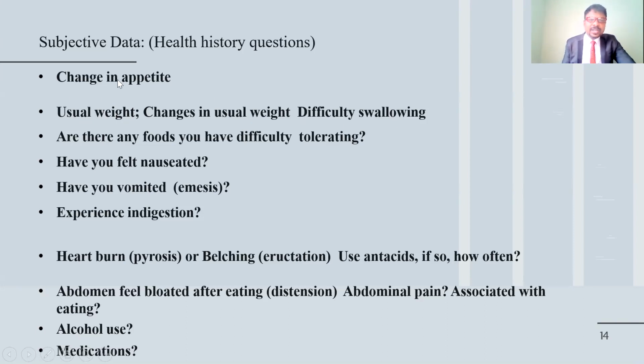We also have to check whether the patient has any difficulty swallowing. How is the weight, and are there any changes? Are there any foods that you have difficulty tolerating? Any foods giving discomfort? Sometimes if they eat certain food, there is more chance of discomfort, especially in people who already have gastric irritation.